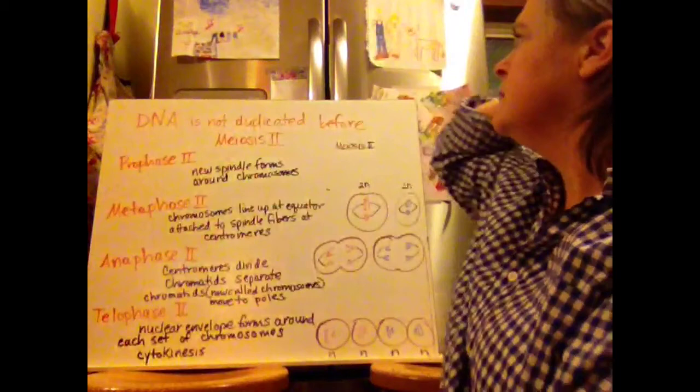That's 8,388,608 combinations for chromosomes. And then you can have recombination. You can have crossing over. You may see your worksheet on that. And independent assortment of homologous pairs. So that's where each pair can move independently of the other pairs.